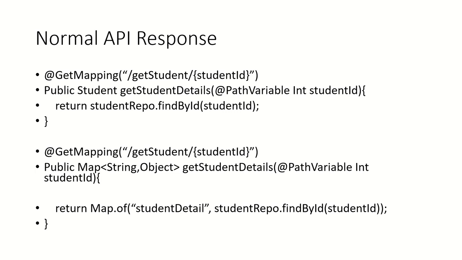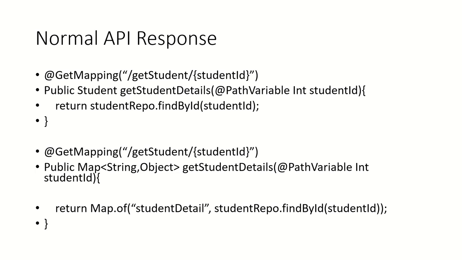Like the second one, where we are returning the generic thing. We are returning a map of string of object as the return type of this API, where we are doing the same thing. We are finding the student from the DB, and we are not only returning that student. We are converting that student into the form of a map.